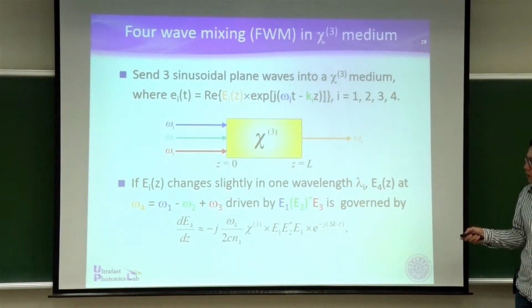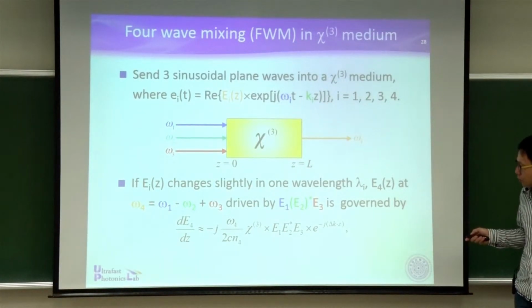It's like this. The spatial derivative of the phasor is roughly equal to some constant times the chi-3 nonlinearity times the mutual product of the three driving fields, E1, E2 star, E3.